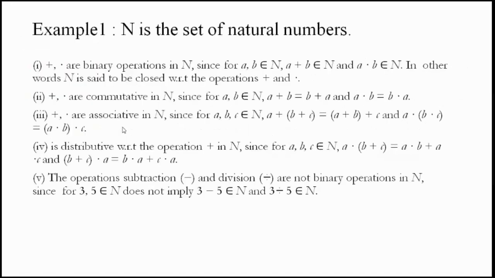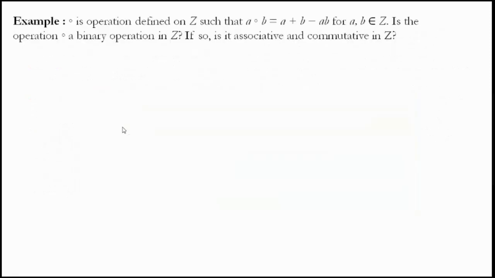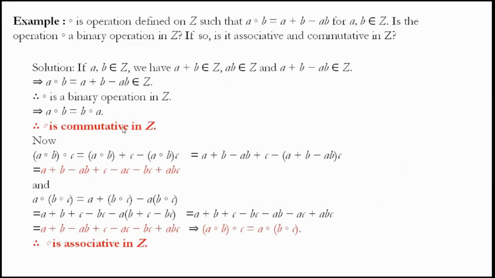So if you look at an example, here an example was given. Some symbol is there between A and B. A and B is equal to A plus B minus AB. This may be any binary operation. You don't know what the operation is, some binary operation. If you do this binary operation, the resultant expression is A plus B minus AB.